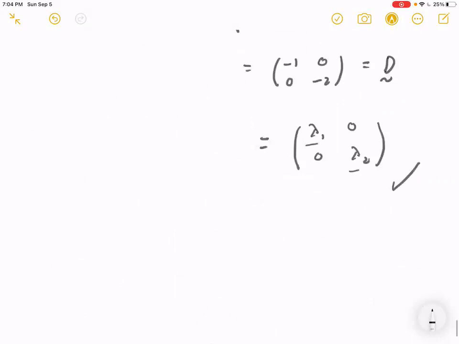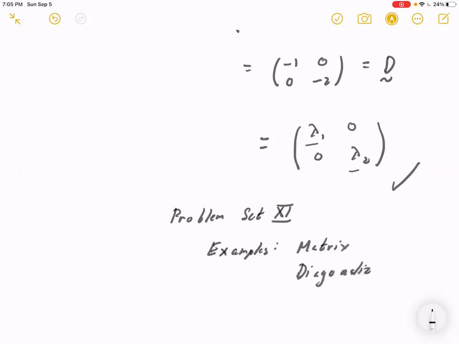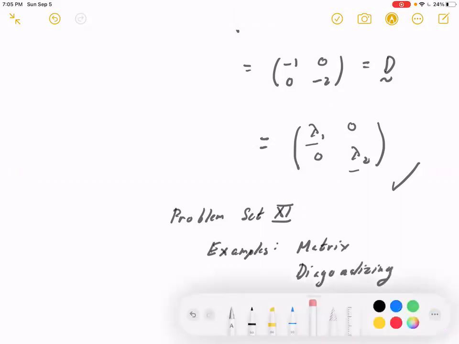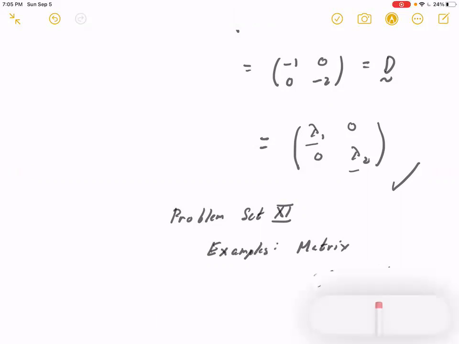All right. So I will leave to you a problem set with more examples of matrix diagonalization. And how it has some useful applications, especially in terms of finding powers of matrices. So that's a very useful thing that matrix diagonalization is for.